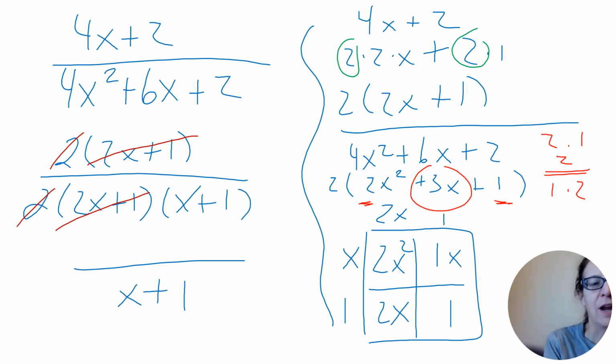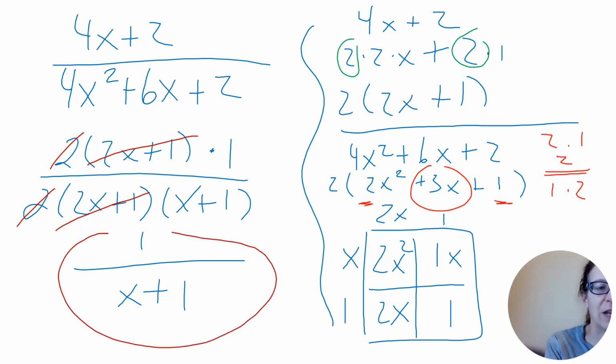You know what, don't go there. But what we got going on is similar to when you're factoring, all of that is times 1. You could also think of it as 2 over 2. Like, what is 2 divided by 2? It's 1. And so the final simplification would be 1 over x plus 1.